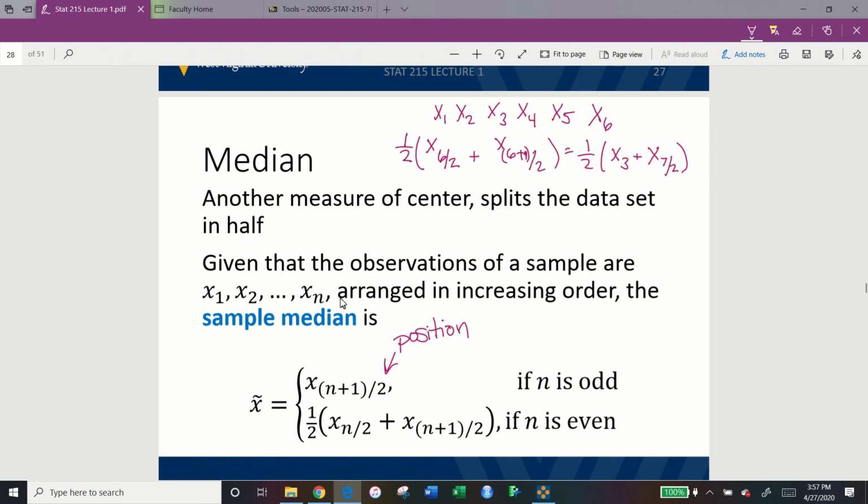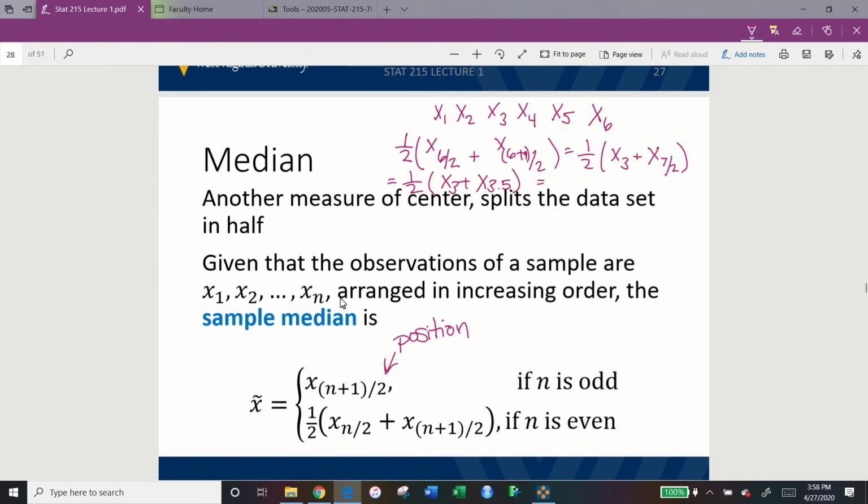Now we need to simplify again. That'll give us 1/2 quantity x3 plus x 3.5.